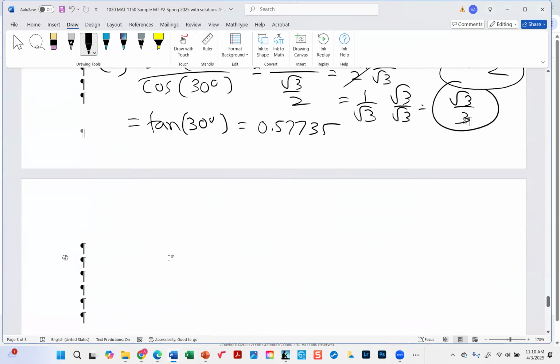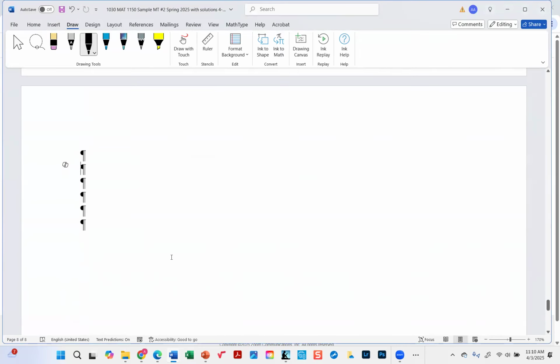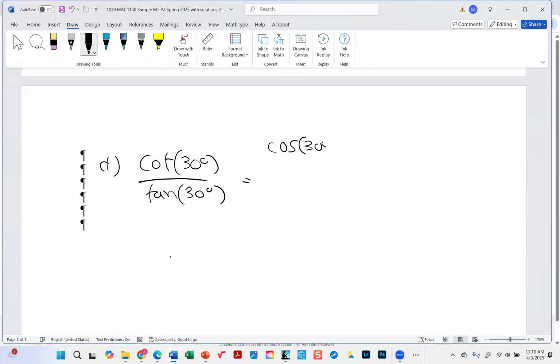Cotangent 30 over tangent 30. So this is the cosine of 30 over the sine of 30 divided by the sine of 30 over the cosine of 30.